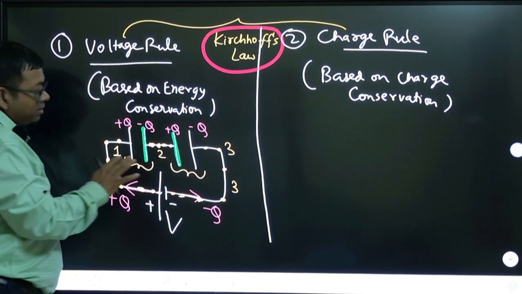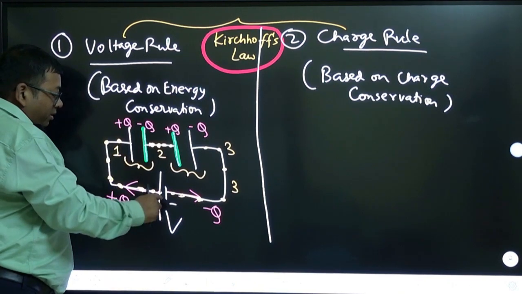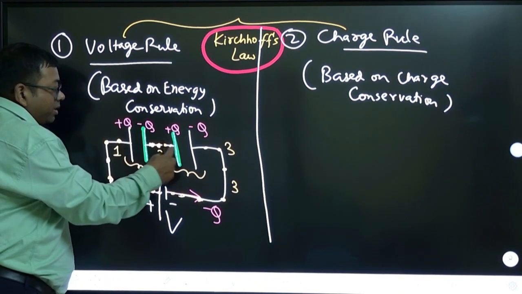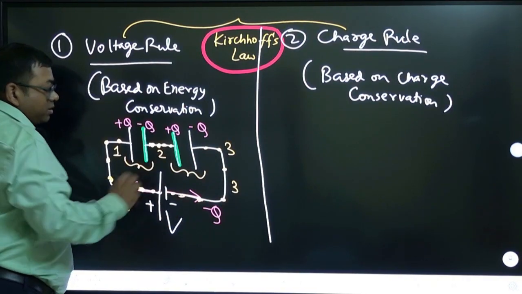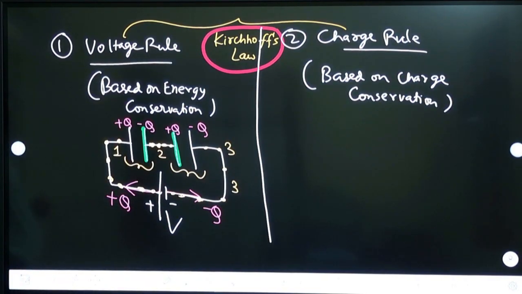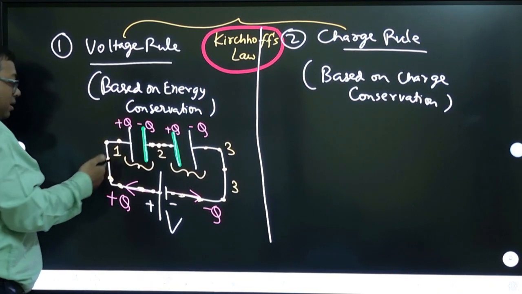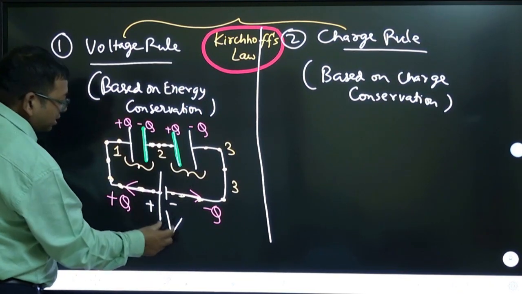So there are basically 3 points here. Point 1, all these points are 1. These points are 2. These points are 3. Clear? So these 3 points are there, and their potentials you can name as V1, V2, V3. So what is this V?